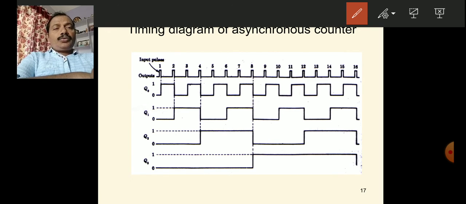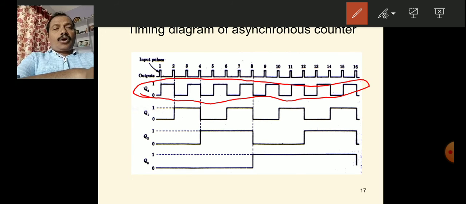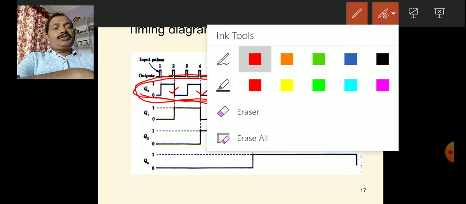This Q0, the output of FF0, acts as the clock to the FF1. That means each negative edge of this acts as a clock event. That you have to remember.